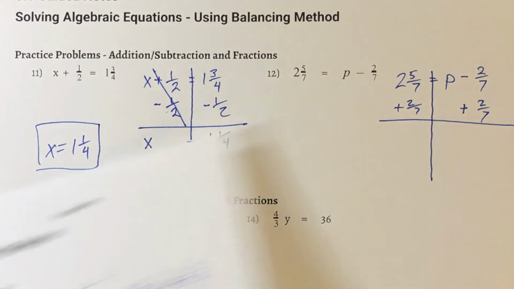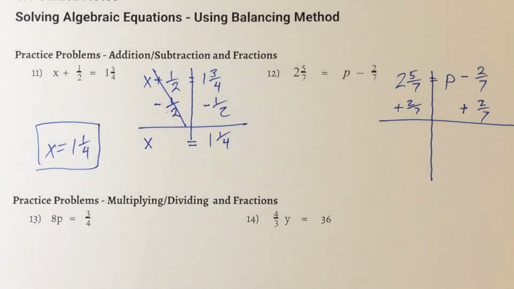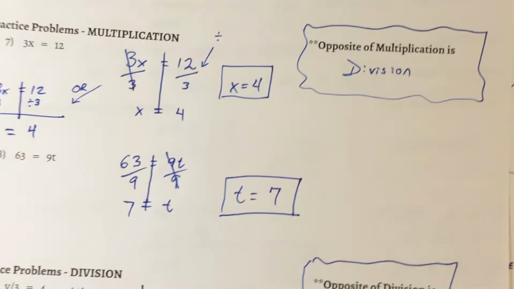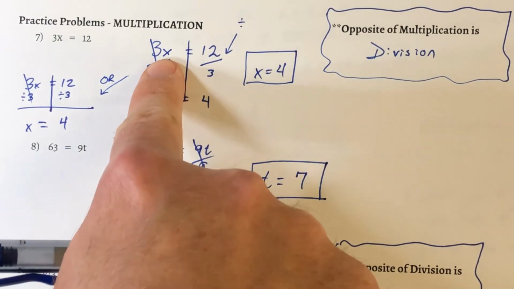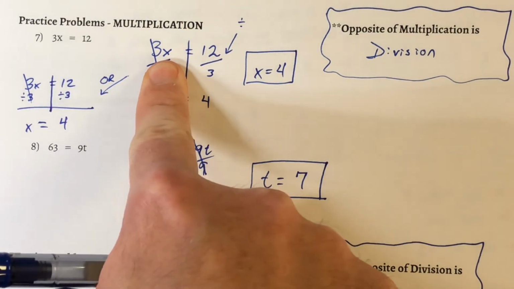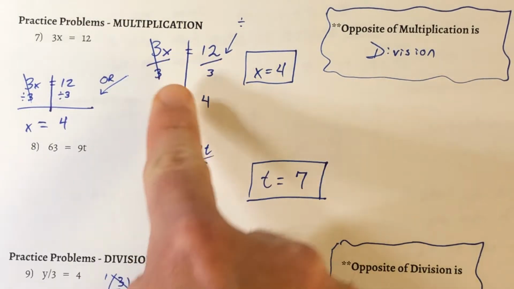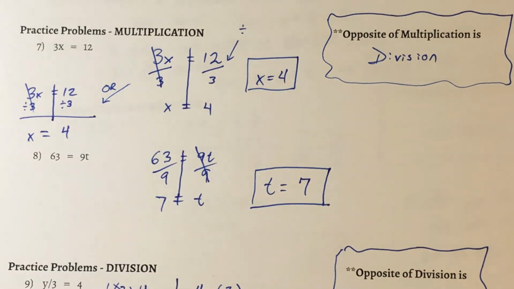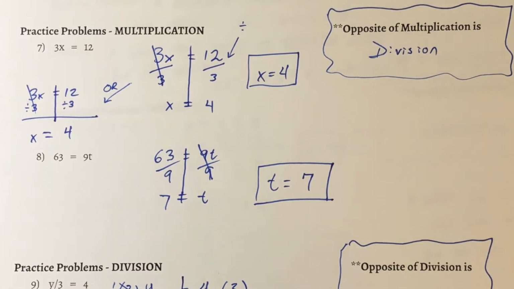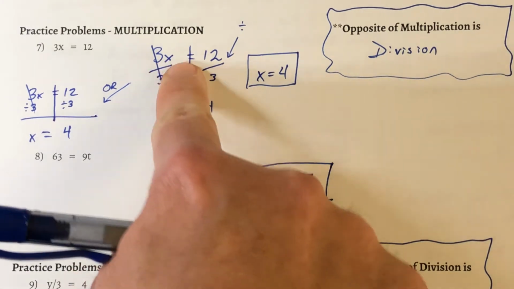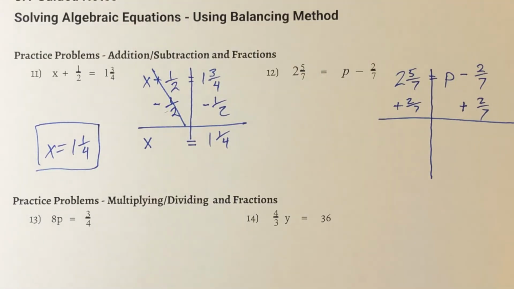And going back to the beginning, I wanted to get rid of the 3, so I divided by 3. Always add, subtract, multiply, or divide by the thing you want to get rid of, so the letter can be by itself. All right, let's continue this.